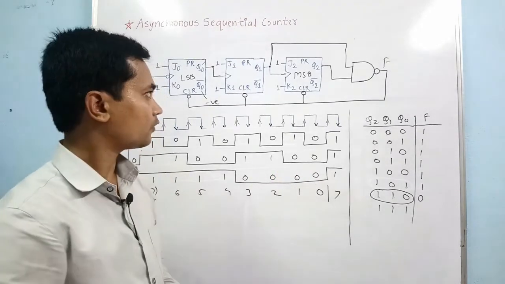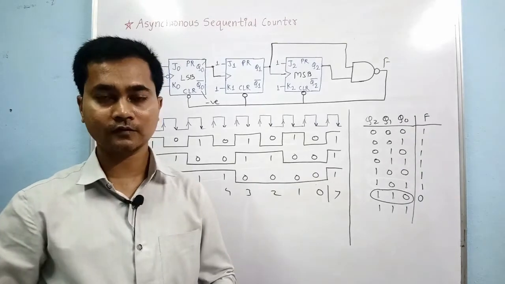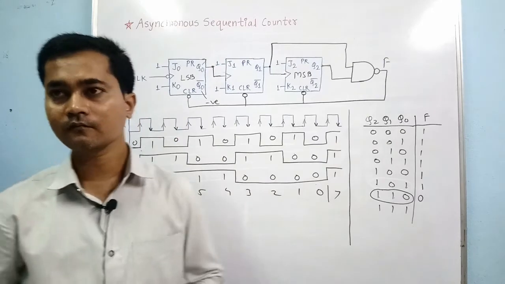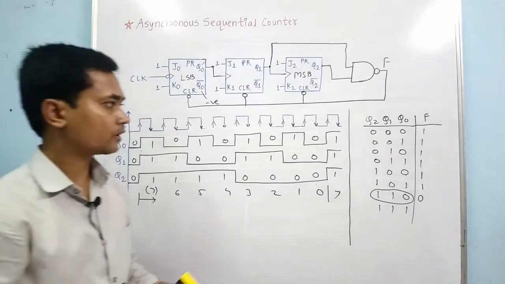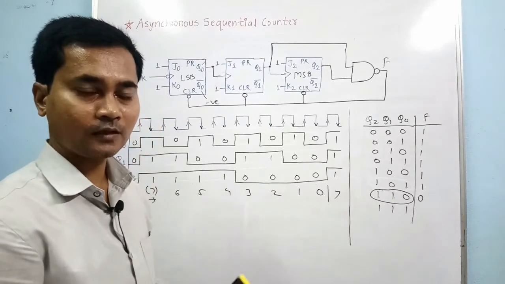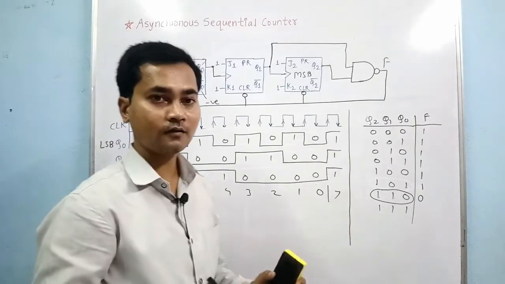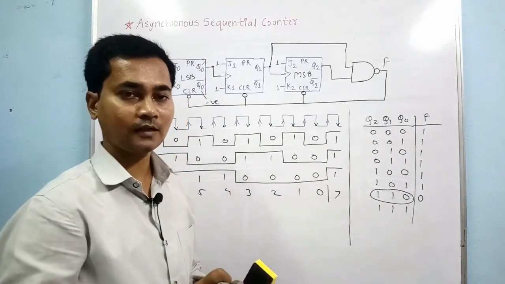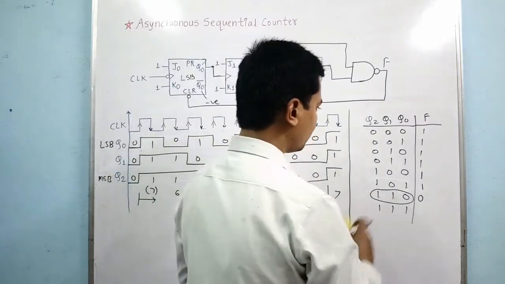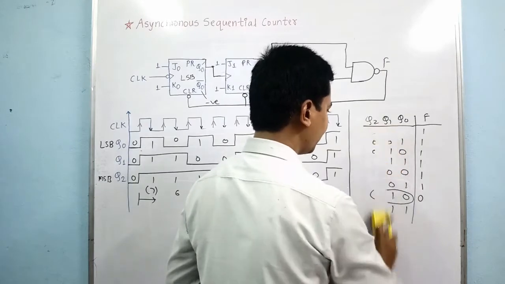Now in case of down counting, what will happen? Suppose I want to down count for a mod 5 counter. That means we want to count from 7.